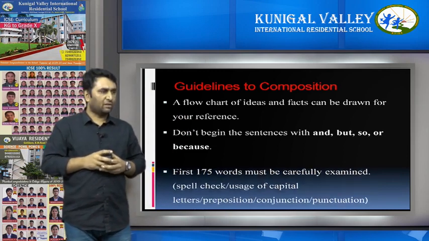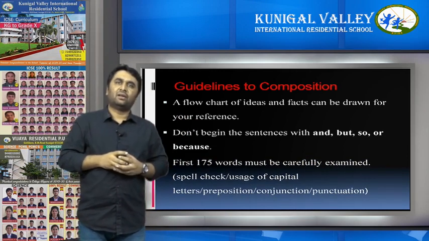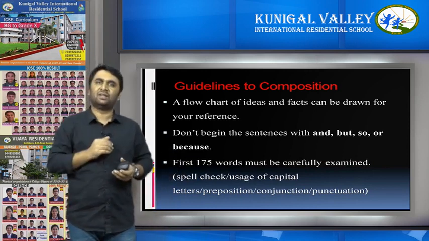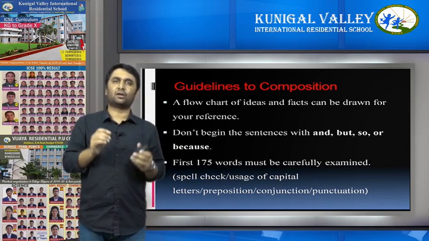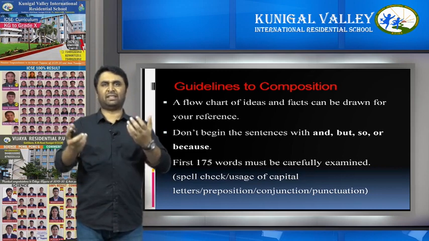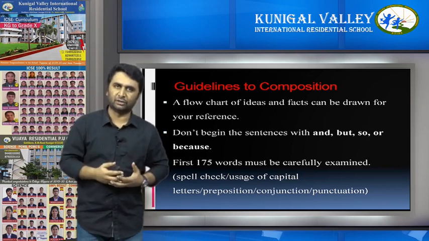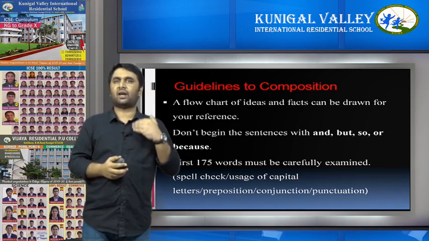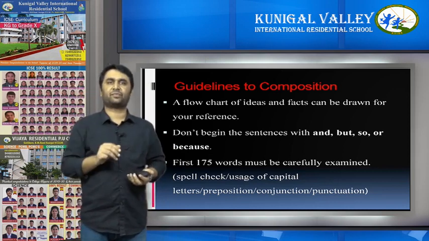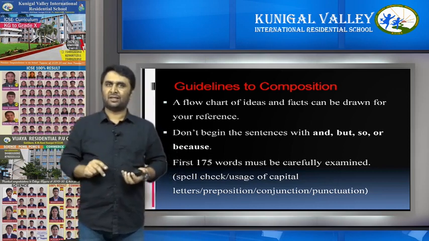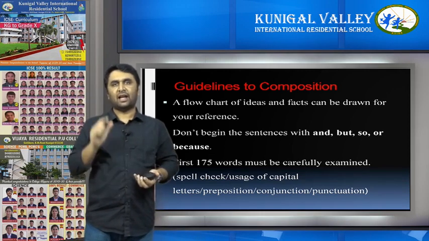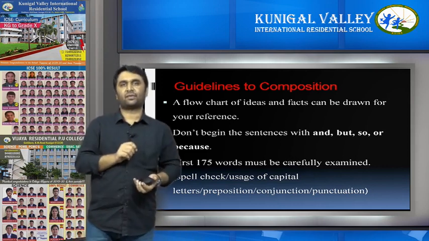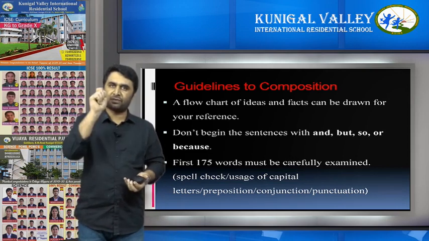My next rule is, I always tell you guys, first 175 words of 350 words of your composition are golden words. Don't ask me why exactly you call them golden words, because I want you to focus on first 200 words or 175 words carefully, checking spellings, checking expressions, checking capital letters usage, and followed by, very importantly, usage of articles, usage of prepositions, usage of conjunctions.